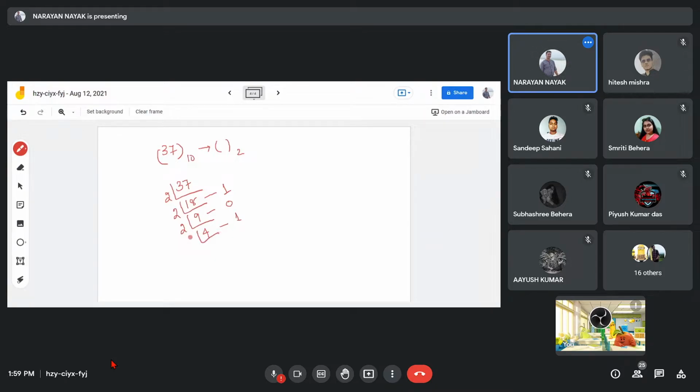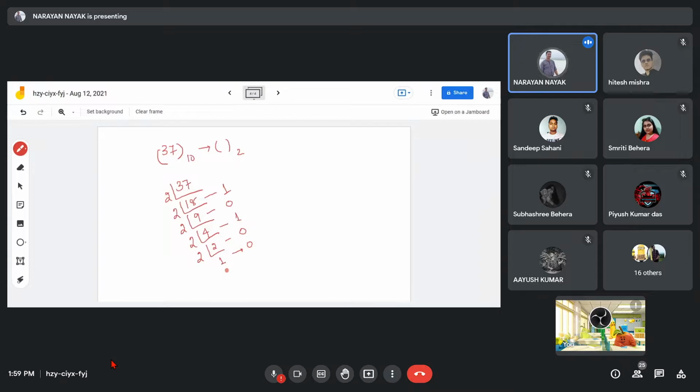Then 2 into 4 is 2, the remainder is 0. Then 2 into 2 is 1, the remainder is 0. Clear?